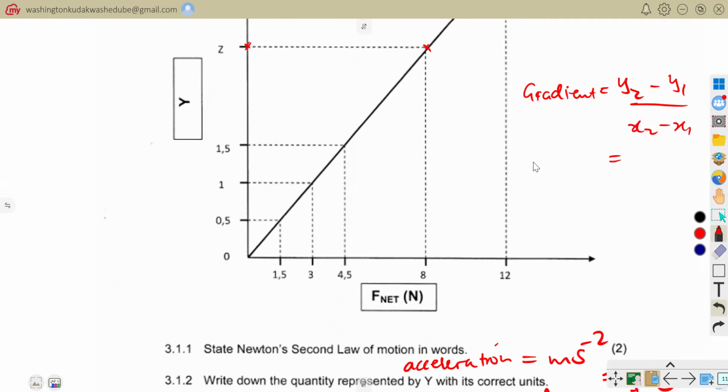And we said the gradient is 1 over 3. Y2, that's z, minus y1, I can choose to take this one, 0.5, divided by x2, it's 8, minus x1, it's 1.5.